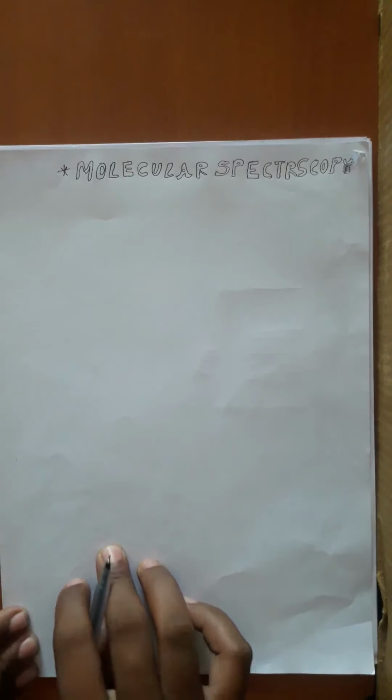How is electromagnetic wave propagated? When electric and magnetic fields are perpendicular to each other. Electric field and magnetic field are perpendicular to each other and then give rise to the electromagnetic waves.